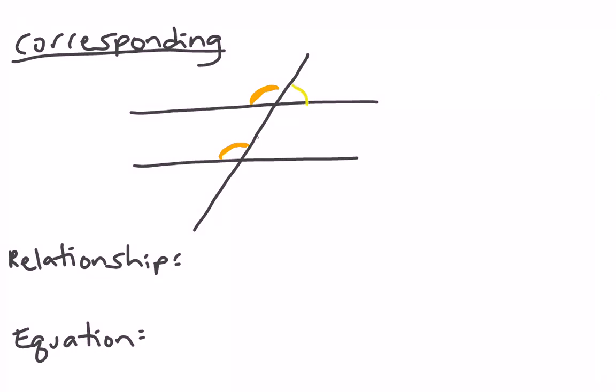So I also have those who are considered corresponding, the bottom left and bottom right. So there are 4 pairs of corresponding angles. And the relationship of those is also that they are congruent. Imagine that. So they're congruent and they're located in the same position.